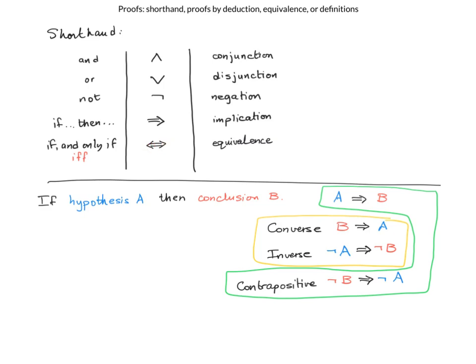I want to remind you that we've done symbols sort of like this with sets. We had this symbol, which was intersection, which also meant and, and we had this symbol, which was union, which also meant or.